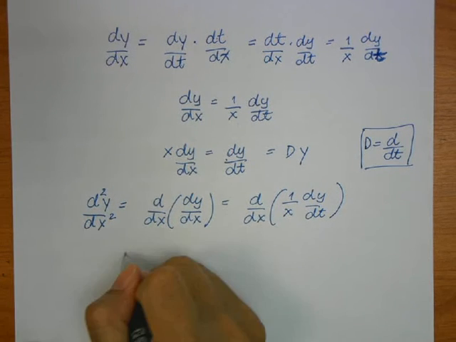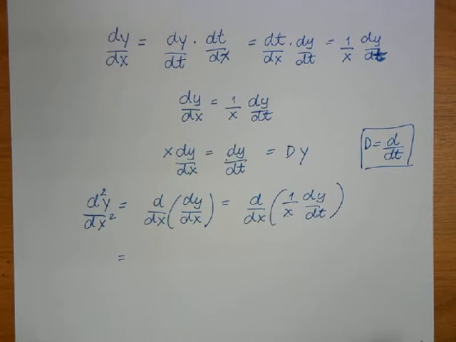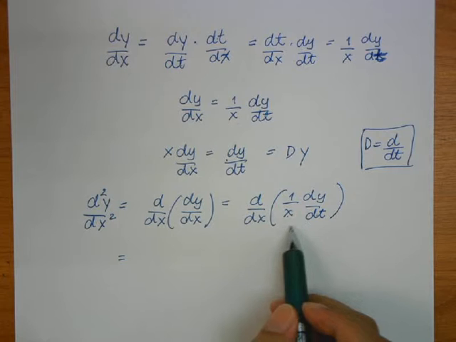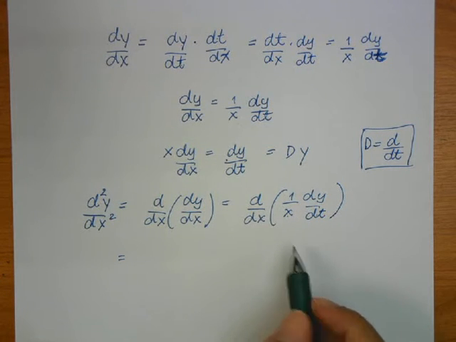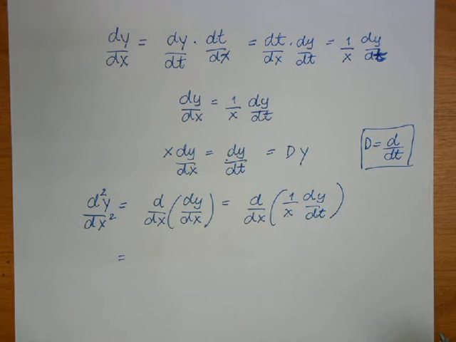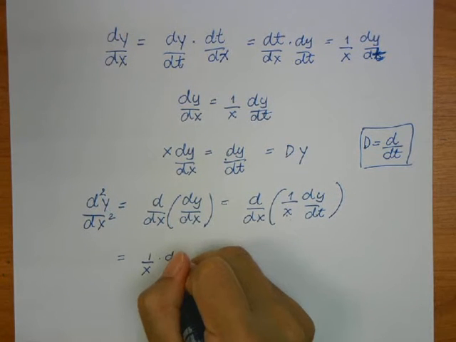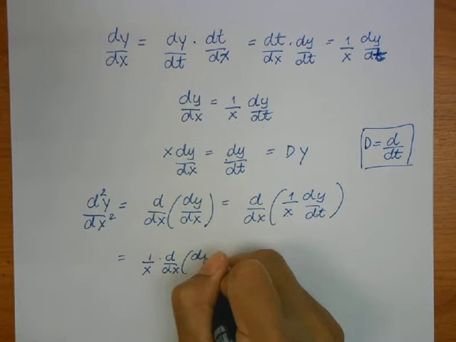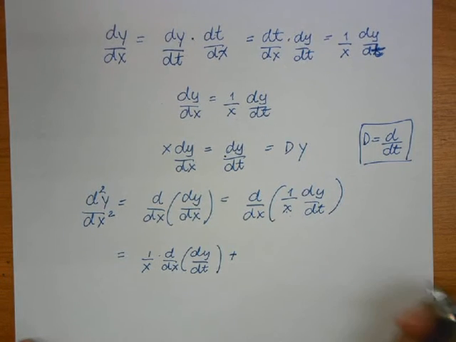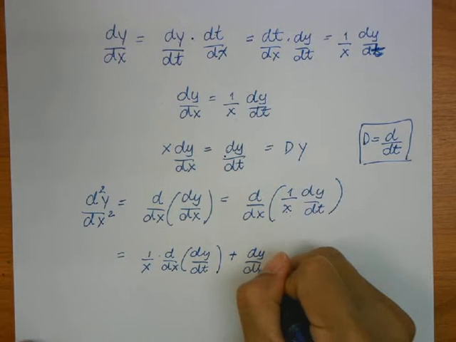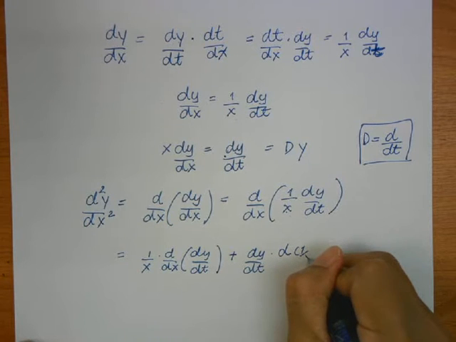Both of them are functions. So when you do the derivative of this term, we've got to do the derivative of the product term, right? So we would get 1 over x times d by dx of dy by dt plus dy by dt times d of 1 over x by dx.